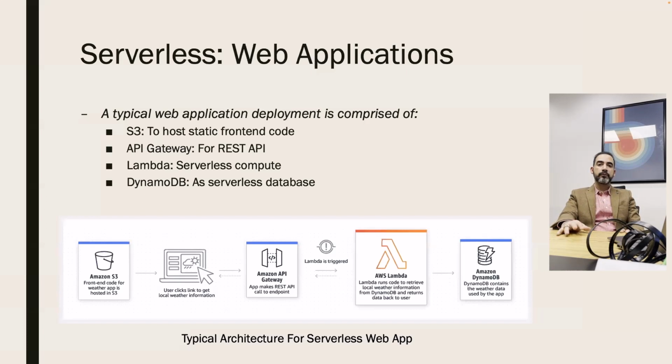That's one fundamental problem in using a SQL-based database with serverless, right? You could have the same problem with your server-based application.